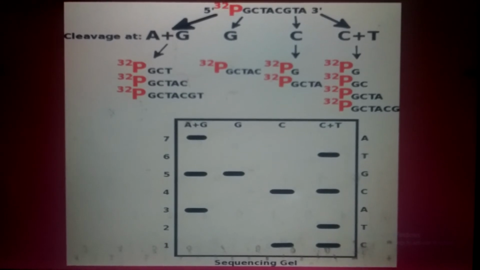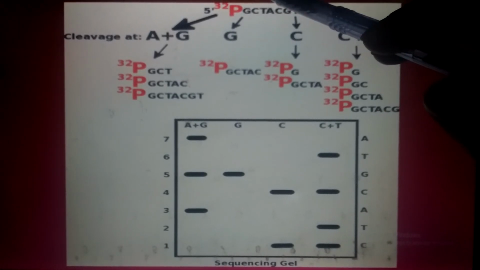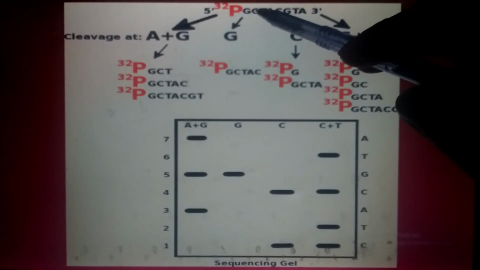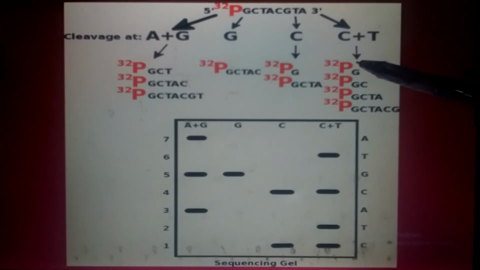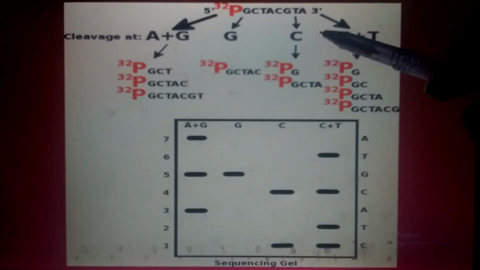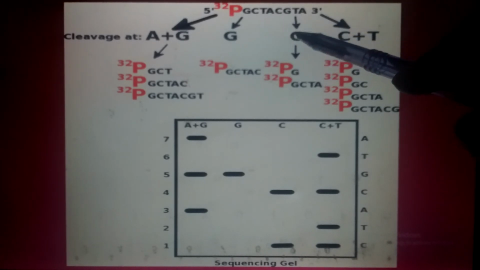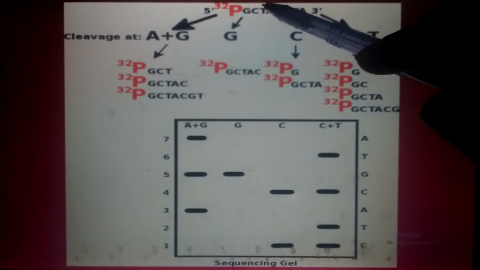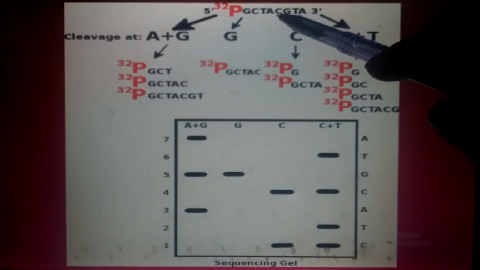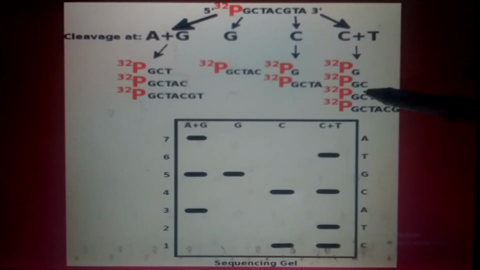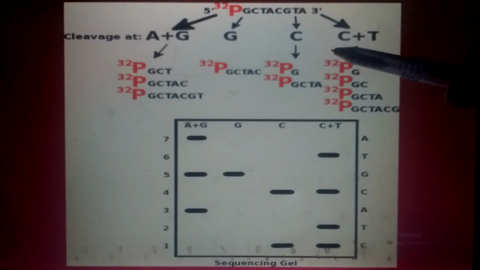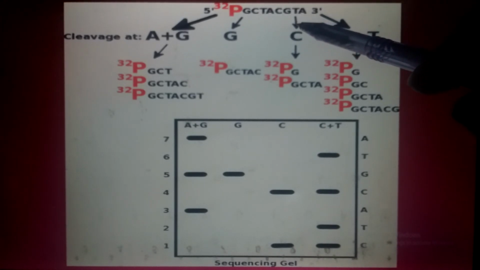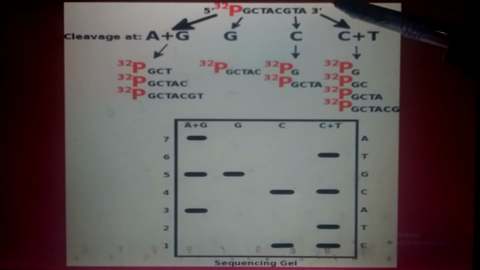Now in the fourth tube you can see C plus T. So for C, the first modification occurs here, so just one G fragment is produced here, and then with the C you can see here GCTA, and the third one C is okay.